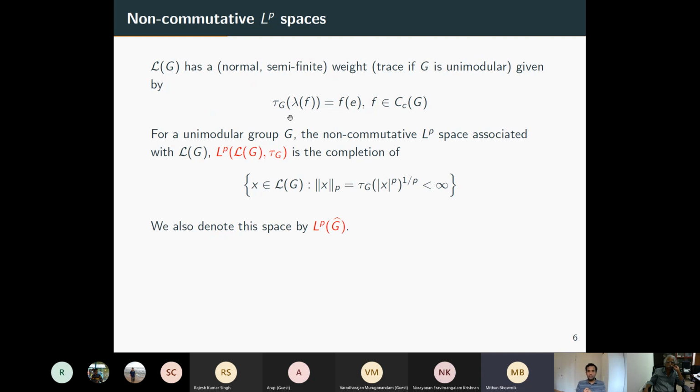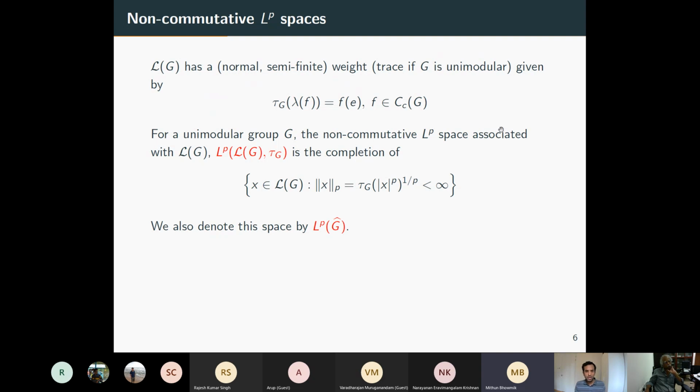And so for a unimodular group, you can do this in the non-unimodular case as well, but I'm doing this for simplicity in the unimodular case, because constructing these LP spaces in the non-unimodular case, when this is a weight, is a little bit more complicated.